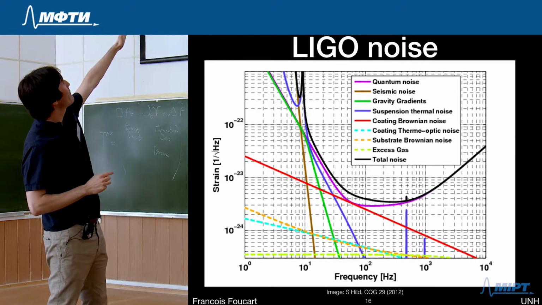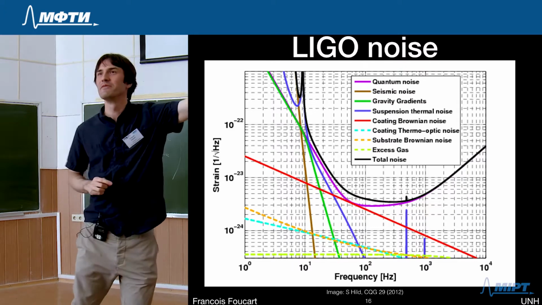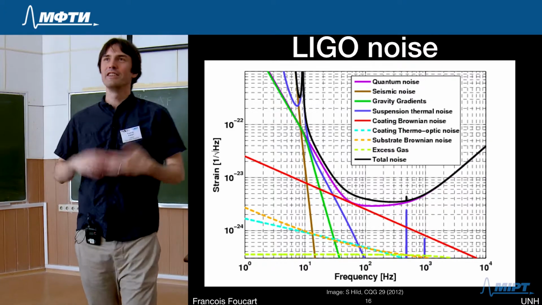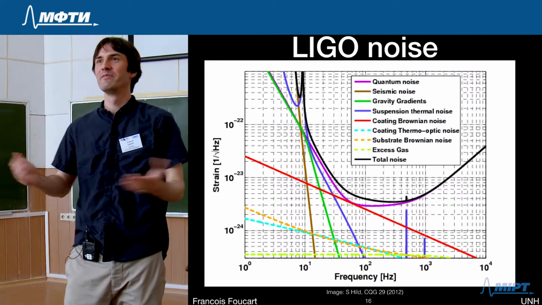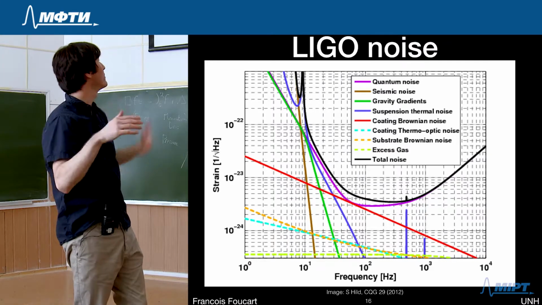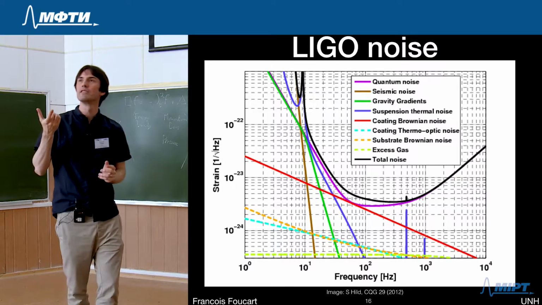And then everything above 30 Hertz is basically quantum noise. And by quantum noise, what we mean is the Heisenberg uncertainty principle. That is what is actually limiting the sensitivity of the detector everywhere above a few tens of Hertz. And that comes in basically two ways.